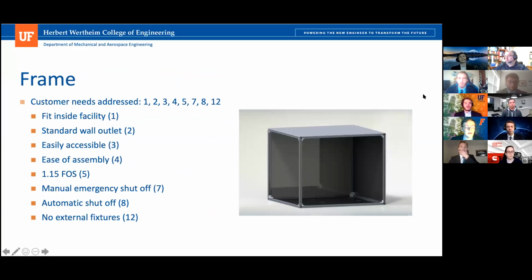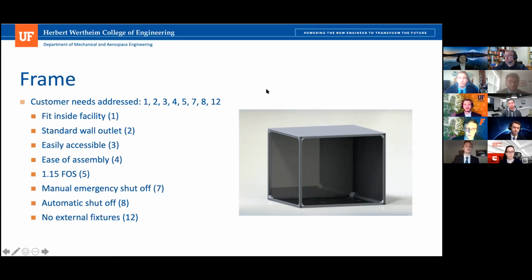Thanks, Kyle. So for the frame subsystem, the customer needs addressed are shown. These include fitting inside a standard laboratory facility, accommodating a standard wall outlet, being easily accessible to the user through hinges touched on later, as well as ease of assembly through the 80-20 extrusions we mentioned earlier.